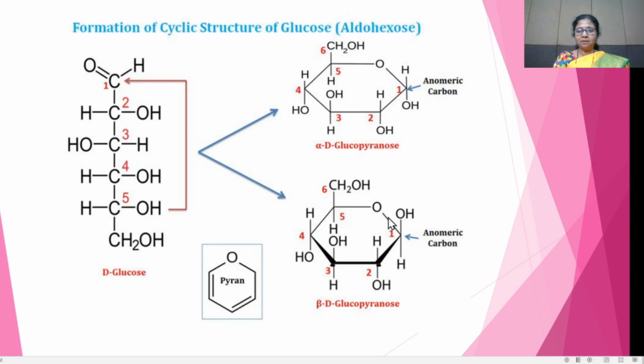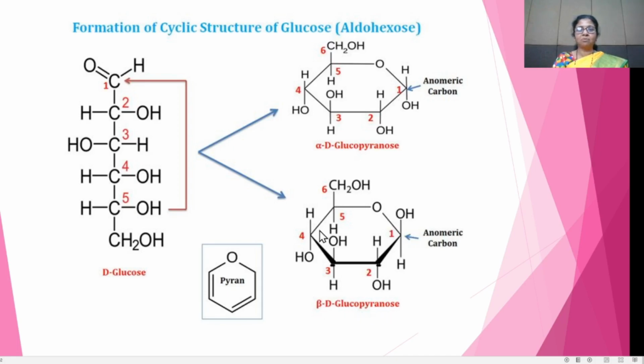And if the anomeric carbon atom has the OH group above the ring, then it is called the beta structure, beta D glucopyranose.